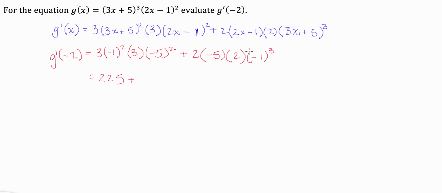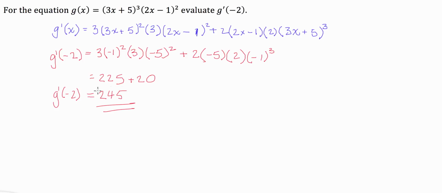Then we're adding to that -1 cubed, which is still -1, times 2 times 2, which is 4, times -5, which is -20. So -20 times -1 is +20. And that gives us a g prime at -2 equal to 245.